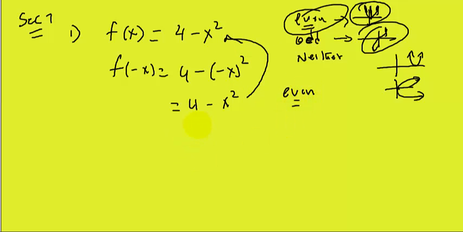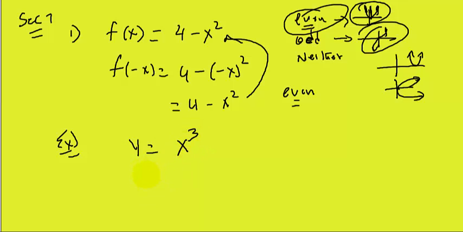All right, so what about odd? Let's take a function, an example which I know to be an odd function. Let's say y is equal to x to the third.